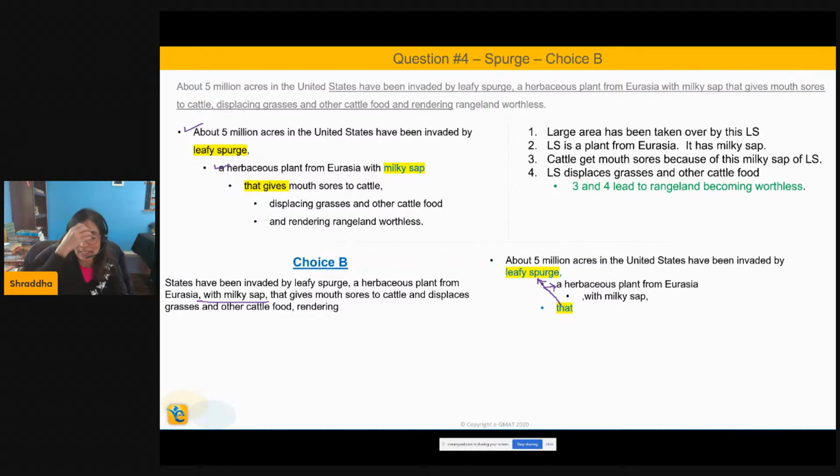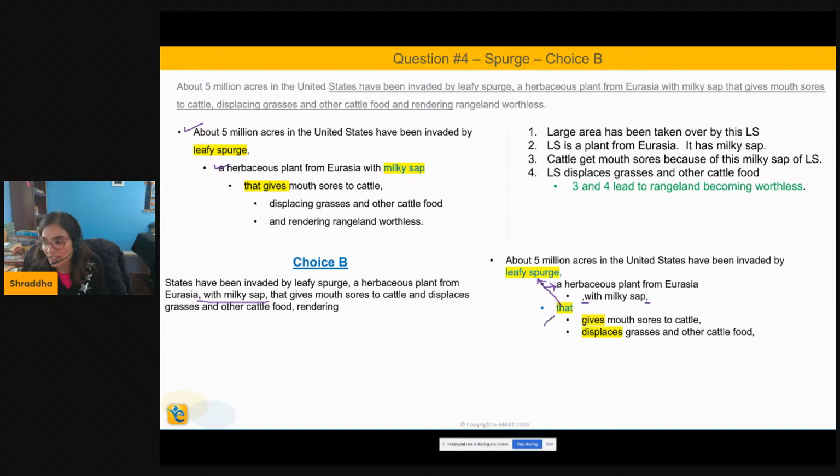Now here we can slightly talk about far away noun modification. Because with milky sap placed between two commas, it makes sense to say that milky sap gives mouth sores to cattle, but it does not make sense to say and displaces grasses. Okay, so we can understand that this comma pair gives me the liberty in the sentence to jump over and talk about leafy spurge and not talk about milky sap.